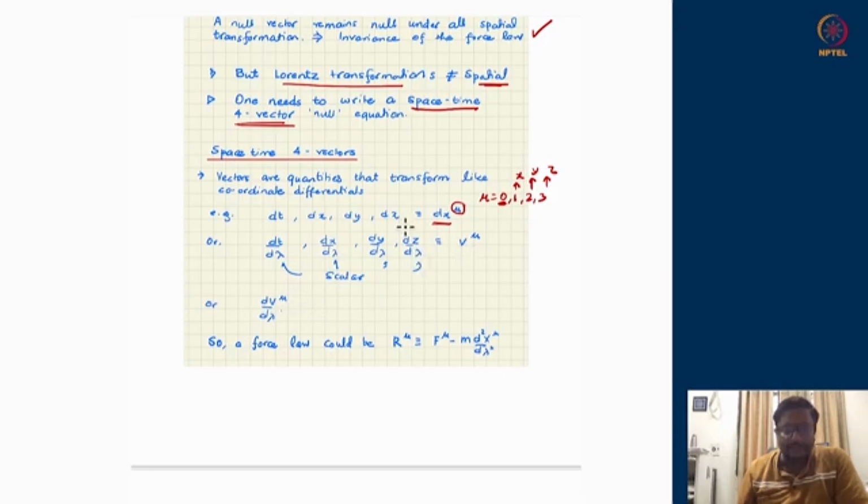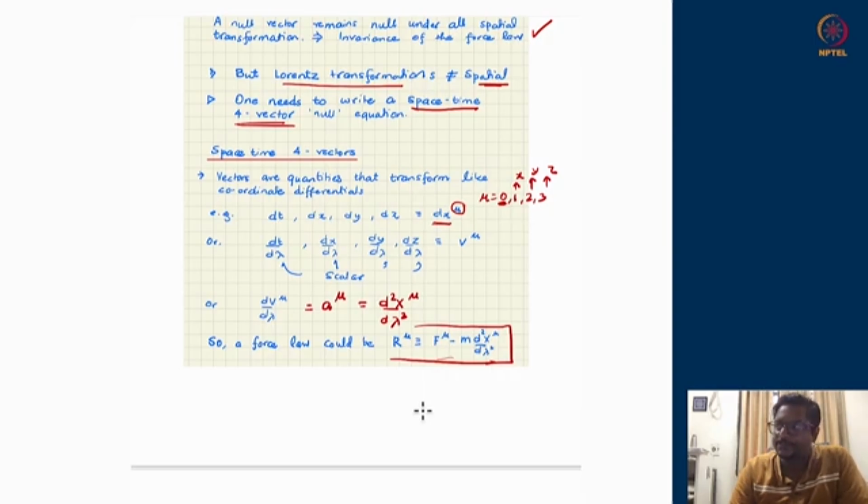Similarly, the second derivative of the coordinates, which is the first derivative of the velocity, is the acceleration 4-vector. So if I can define an acceleration 4-vector, which is d2x^mu upon d lambda square, then I can write down a force law, which is a generalization of the previous force law: the 4-force f^mu, the space-time force, should be equal to m times the space-time acceleration. Previously we were writing only the spatial force and spatial acceleration.